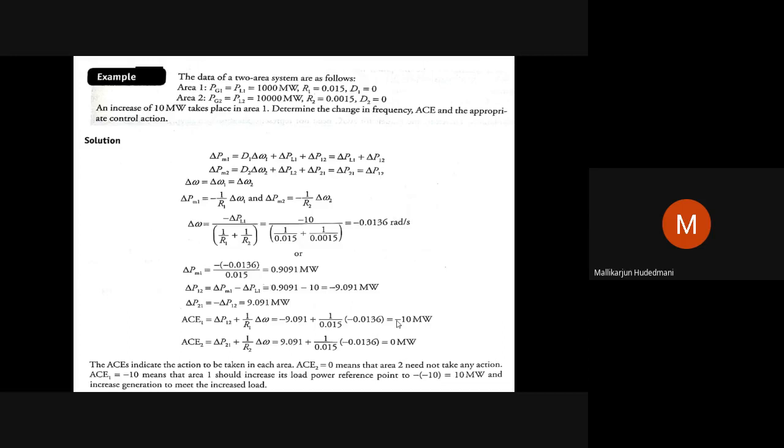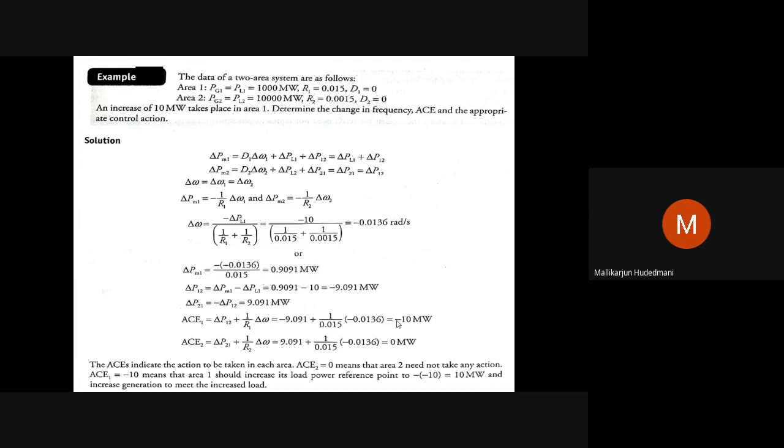Then who will compel this generation? ACE 1 automatically becomes plus 10 megawatt. It means ACE plus means there is a surplus generation. Then you have to manage that. So whenever there is a shift in load in an area, the respective ACE will compel the controller. Negative ACE indicates that area needs to generate more.